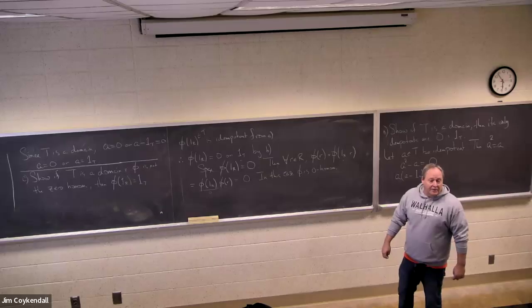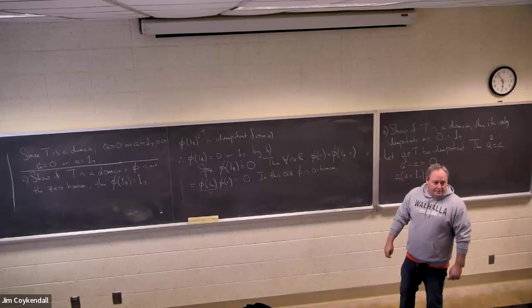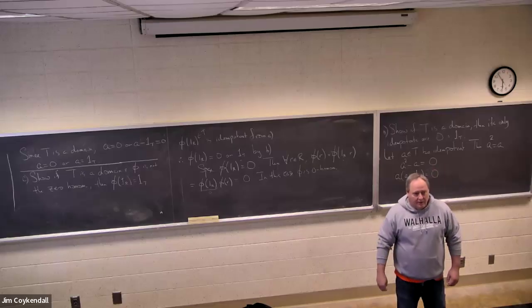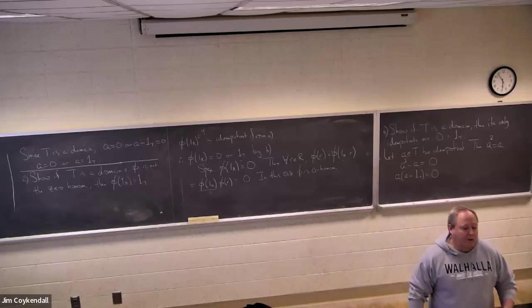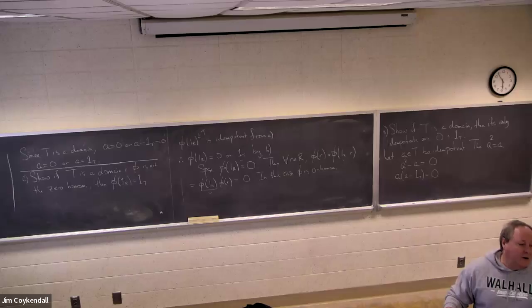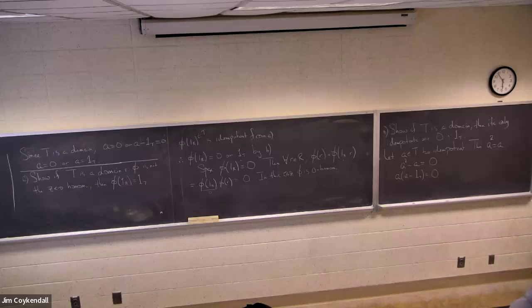All right? So just saying that phi of 1_R equals 0 isn't enough, because I thought you could just say that's the 0 homomorphism. Well, to be the 0 homomorphism, what that means is it takes everything in R to 0. Now, what we've shown is if you take 1 to 0, then you have to take everything to 0.